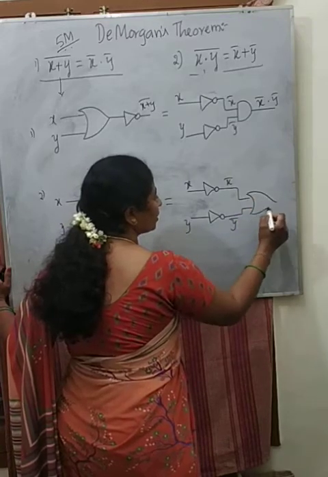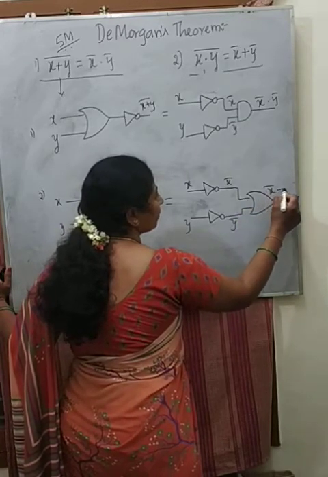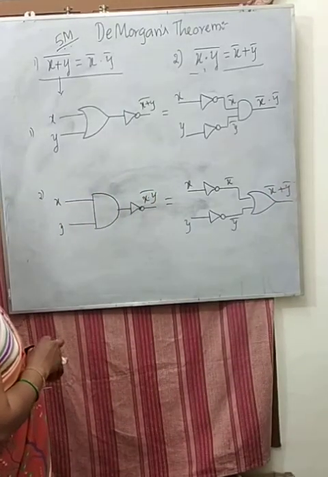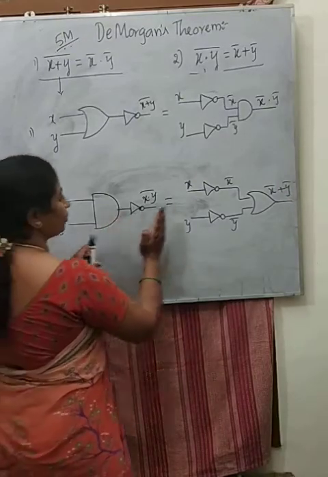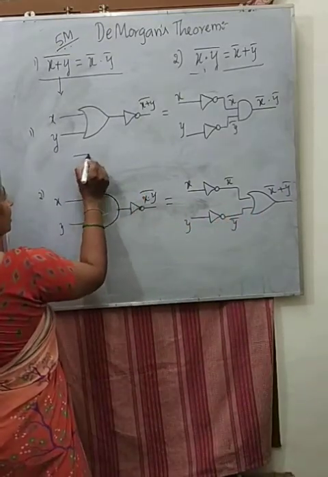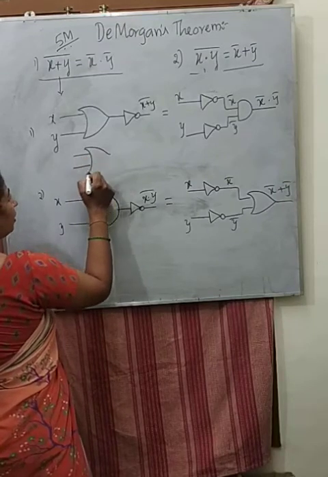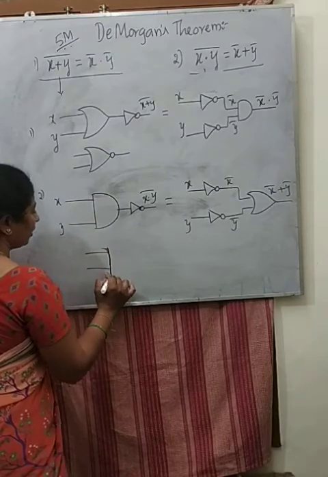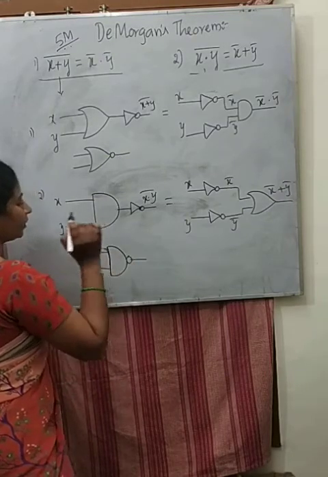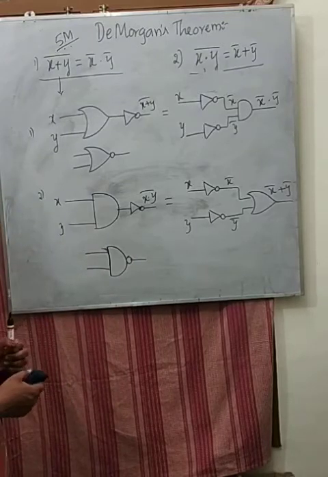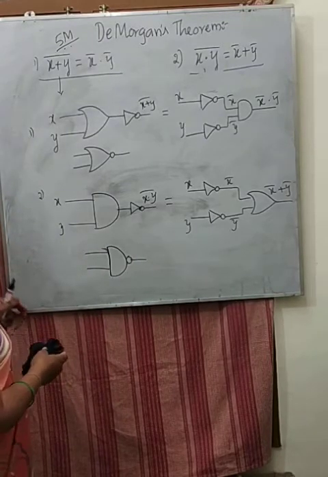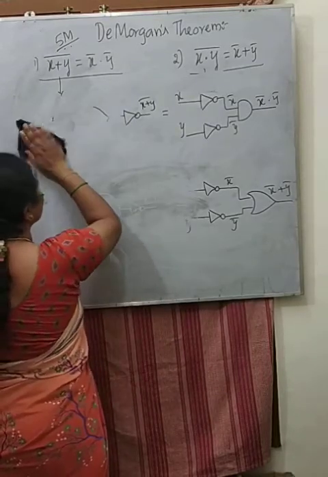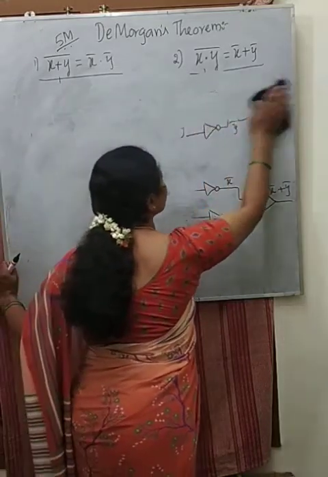Sum operation. This is your logic circuit diagram for the LHS part and RHS part. Your LHS can also be written with the NOR gate, and this can also be written with your NAND gate. This is the circuit diagram of the two theorems. Then we'll move to the proof.